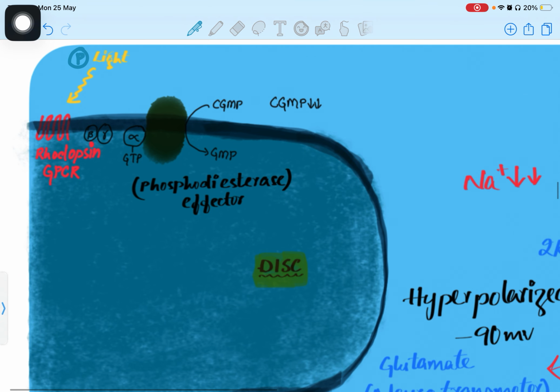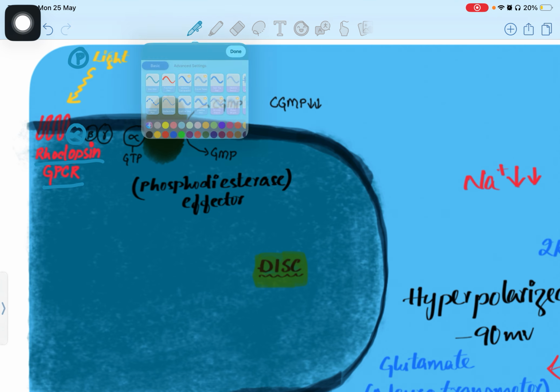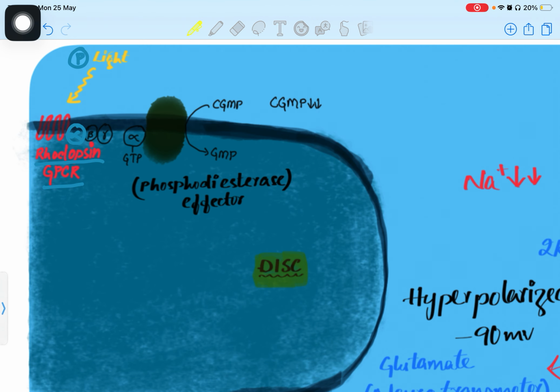Whenever light falls, meaning a photon falls on the GPCR receptor, that is rhodopsin, what will happen here? The alpha, beta and gamma subunits are present beside the GPCR receptor.